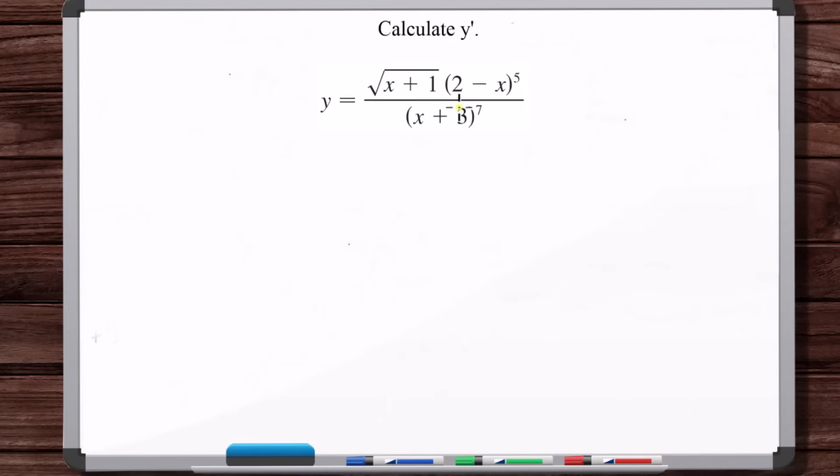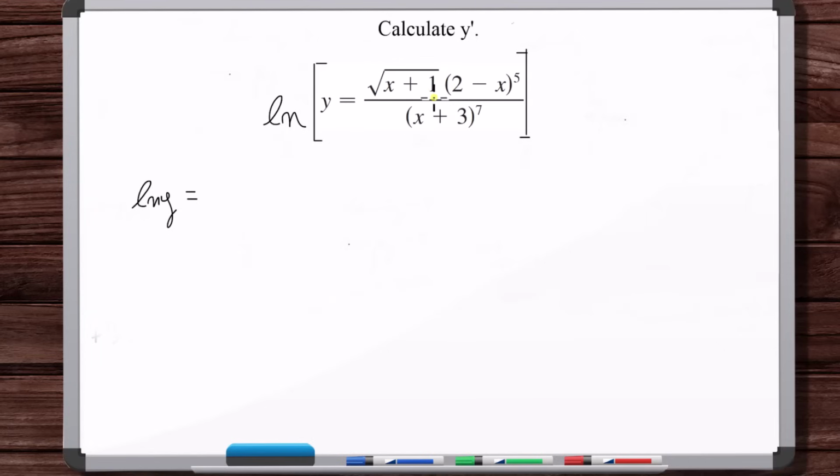Okay, here's one that would take a while to use the quotient rule, so let's consider logarithmic differentiation. It looks like that should work and make it significantly easier to do. So let's take the natural log of the entire equation. So we've got natural log of y is equal to the natural log of this entire function of x.